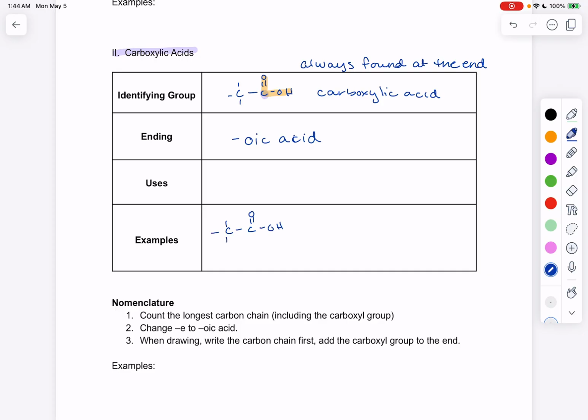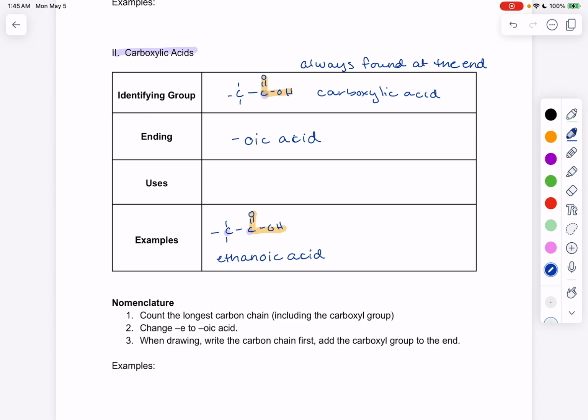I bet you can guess it because it has 2 carbons, 1, 2, and then it has this carboxylic acid. So we're going to call it ethanoic acid. Because it has 2 carbons, there's no double bonds in it, and it has a carboxylic acid group at the end.